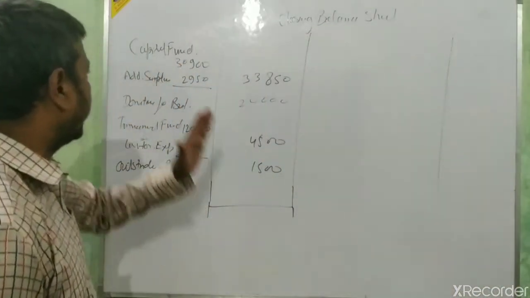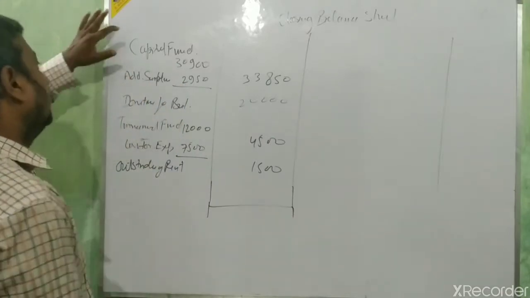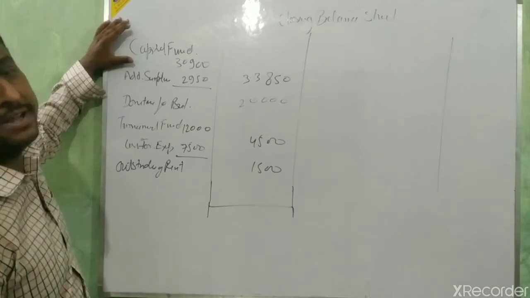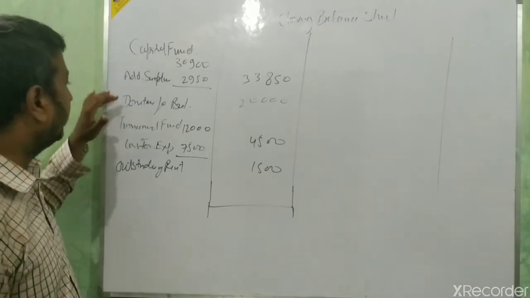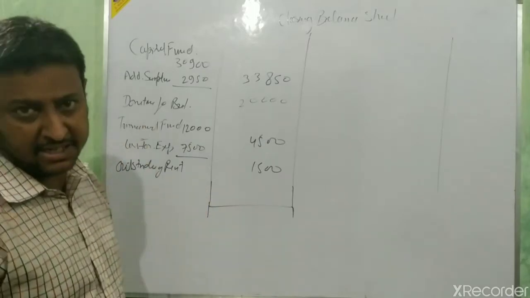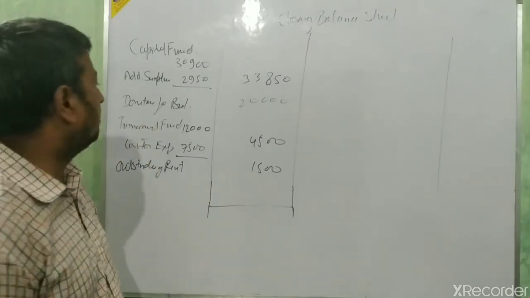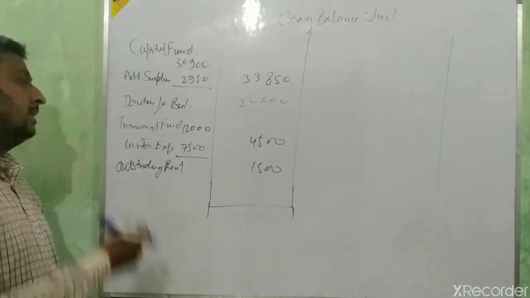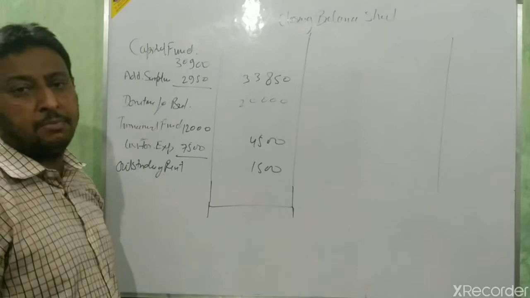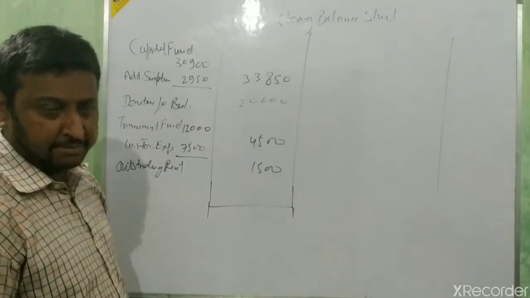Before the asset side, again I would like to explain: the capital fund is coming from the opening balance sheet, 30,900. Then add surplus, which is coming from the income and expenditure account. Then the donation for building, which is given in the book, is shown on the liability side.